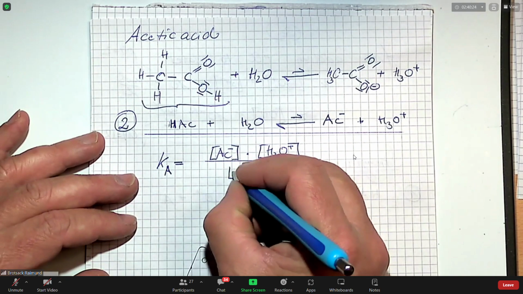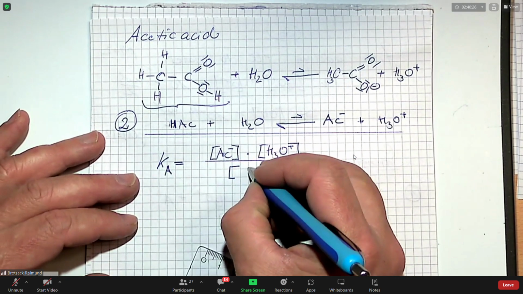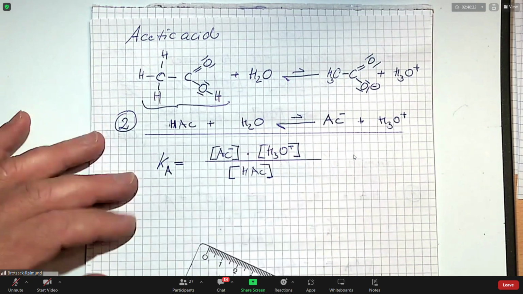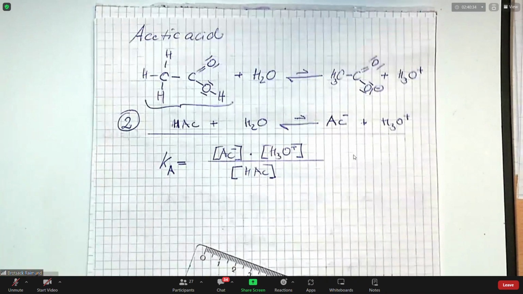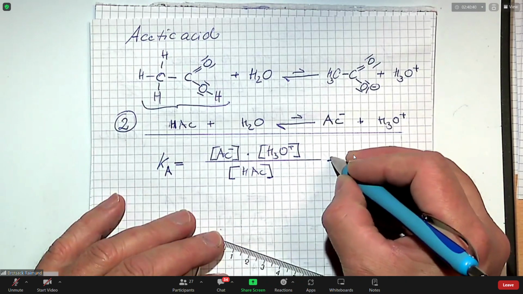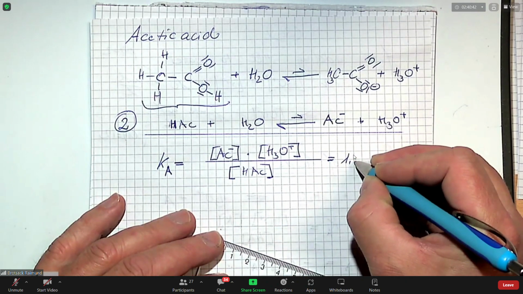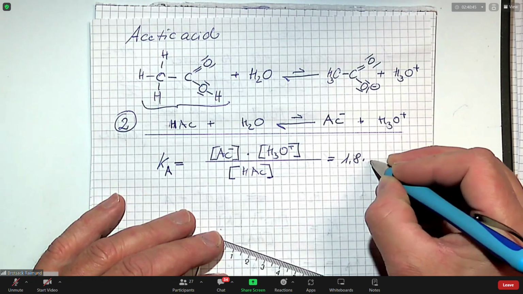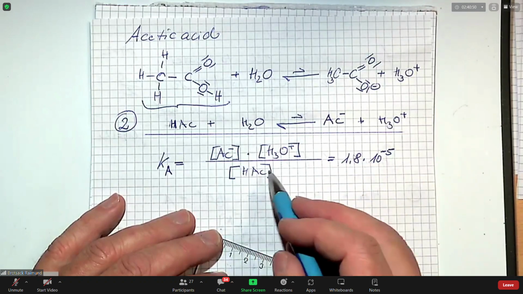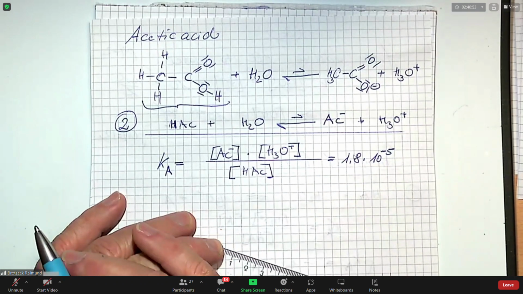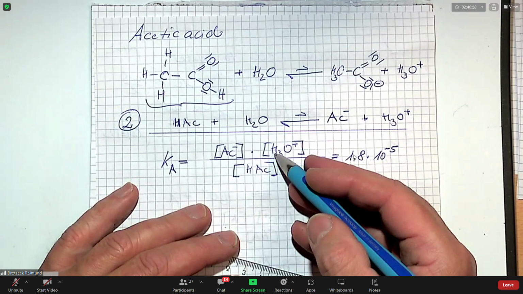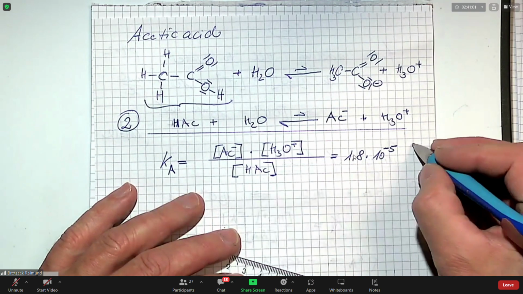So only the concentration of the acetic acid, HAc, is relevant. And we just have one, so no square or anything else. And we know the value of that is 1.8 times 10 to the power of -5. Now, what's the unit? Mole square over liter square divided by mole over liter, so mole over liter remaining.